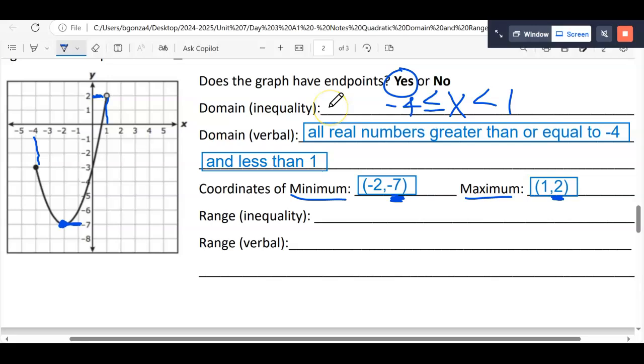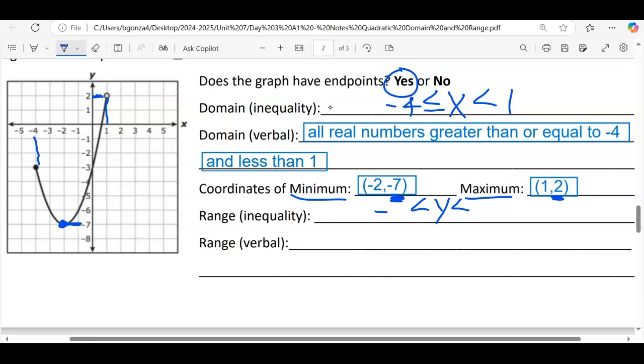So I'm going to write, kind of like before, the letter y with a less than, less than. Y is squeezed between the least y and the greatest y. The bottom we said was -7. The top is +2. It's squeezed between -7 and +2.